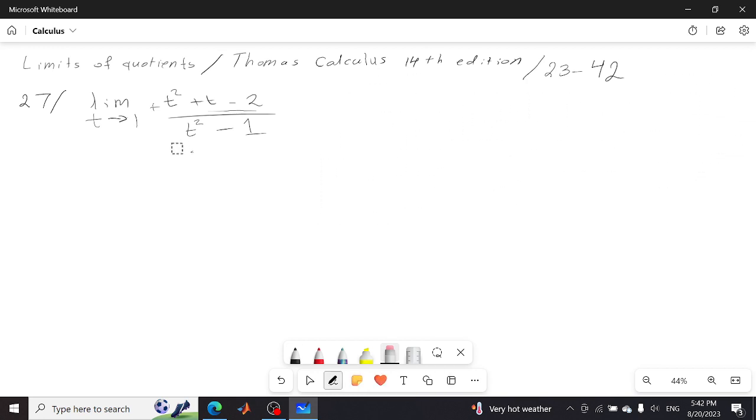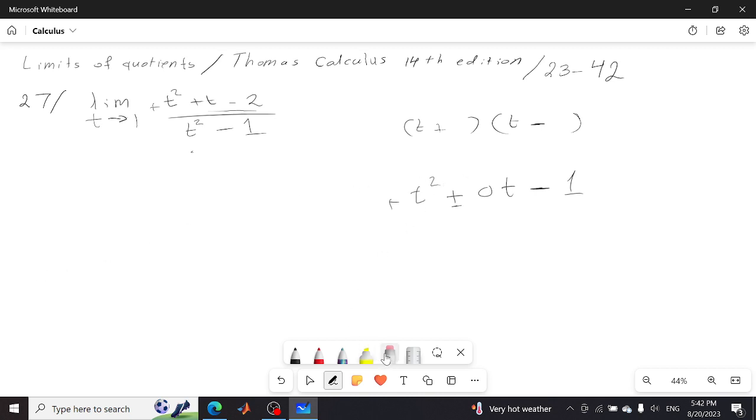Now the denominator we can also split into two brackets. How do we get t squared? It is t multiplied by t. Let's think of the denominator as t squared plus 0t minus 1. A positive times a positive is a positive, and a positive times a negative is a negative.